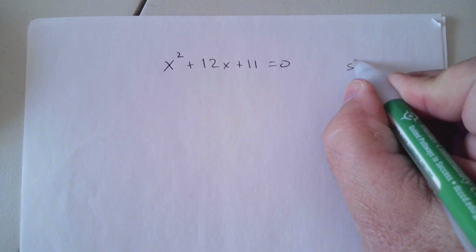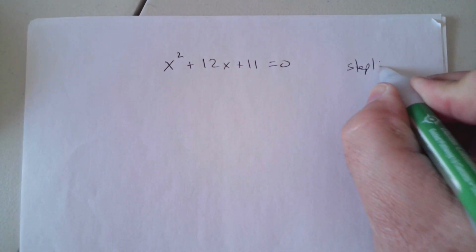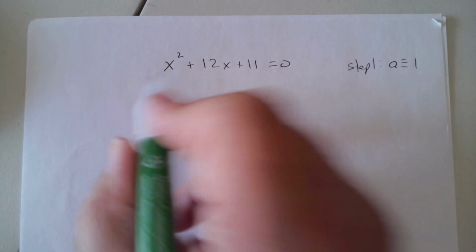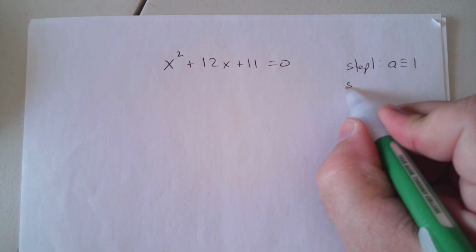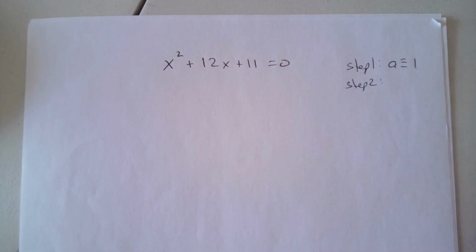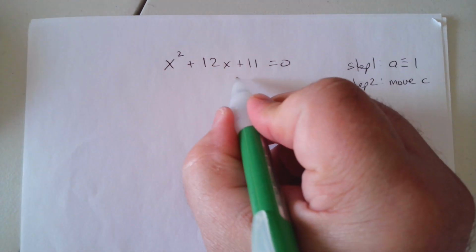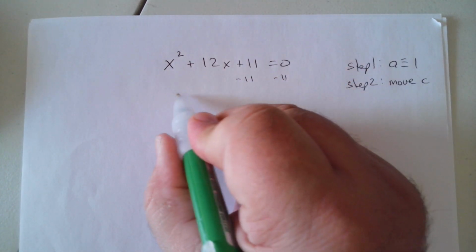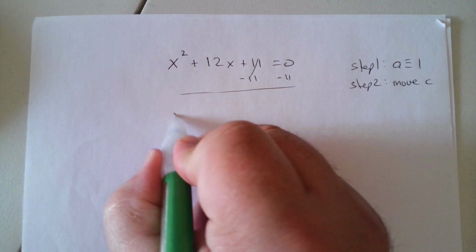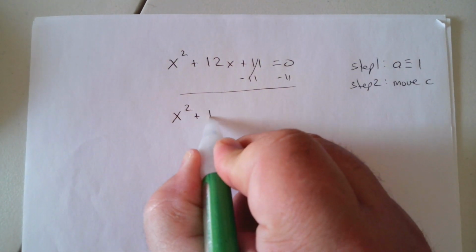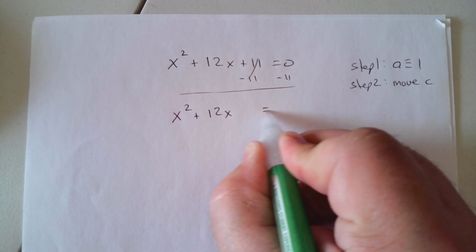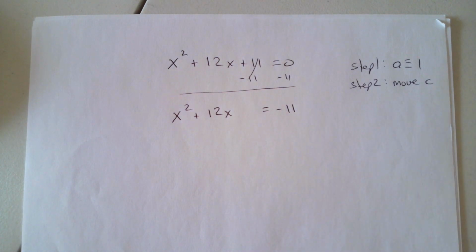So step 1, a has to equal 1. Check. Step 2, move C. So I have to get rid of the 11. So I have x squared plus 12x equals negative 11.